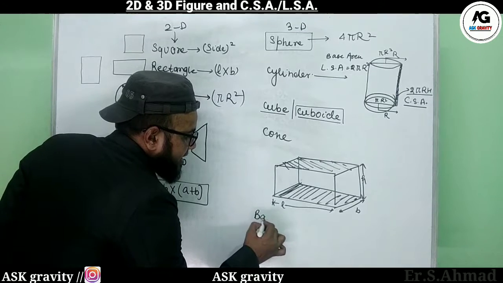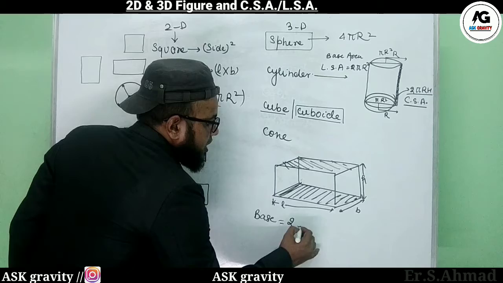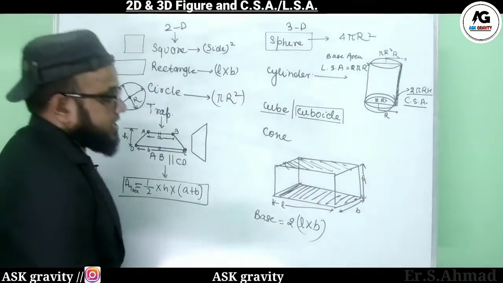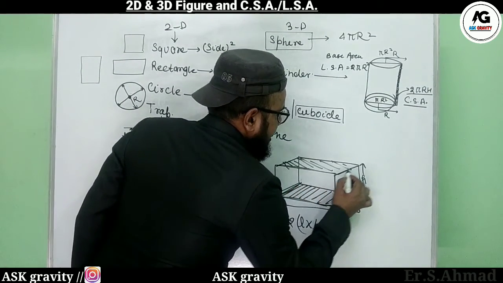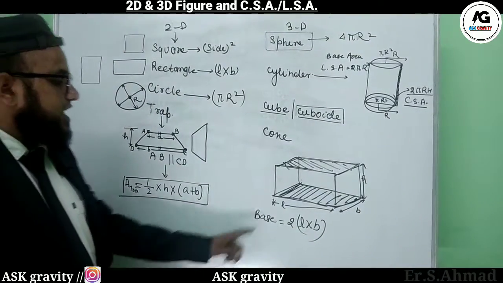And the base area in the case of a cuboid is given by 2 L into B, that is length into breadth.